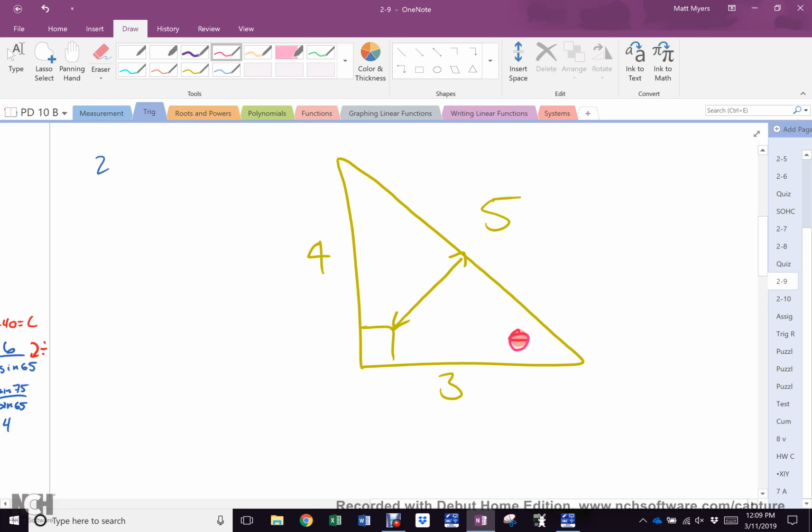Okay. So, pink theta. What value would that be? You could use any of the trigs to find that, right? You choose. Somebody tell me what the value of pink theta is. Doesn't matter what you use, your choice. You can use sine, cos, or tan. I don't care. Are we ready?